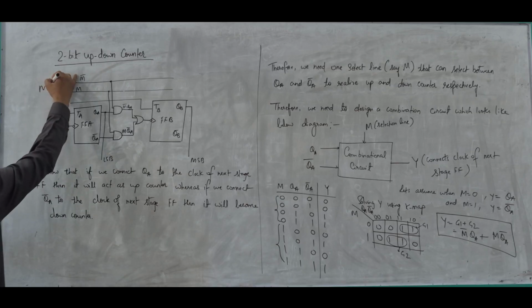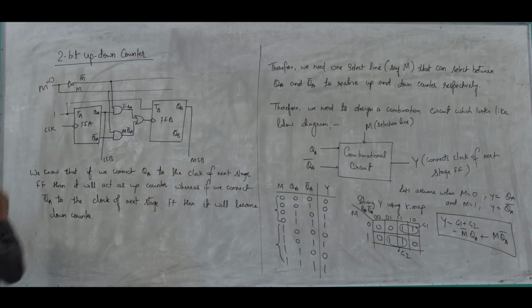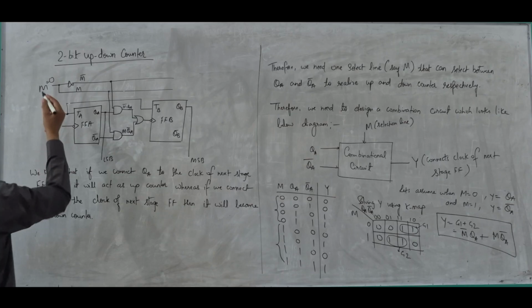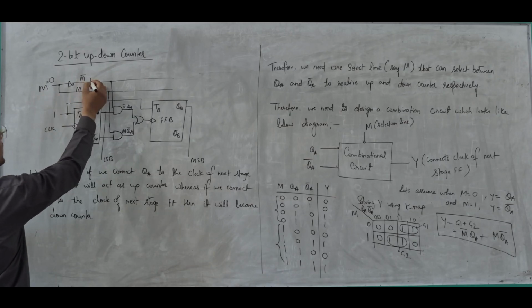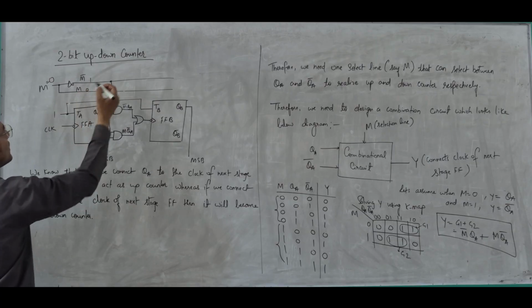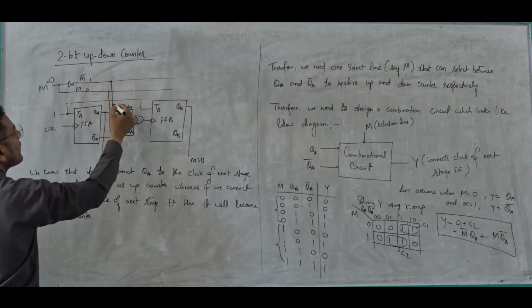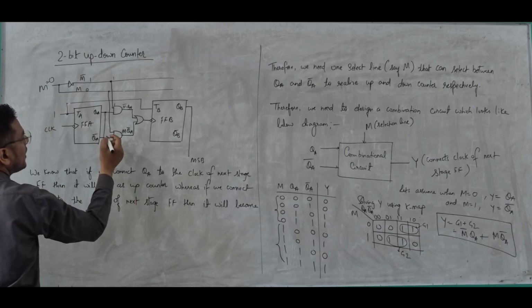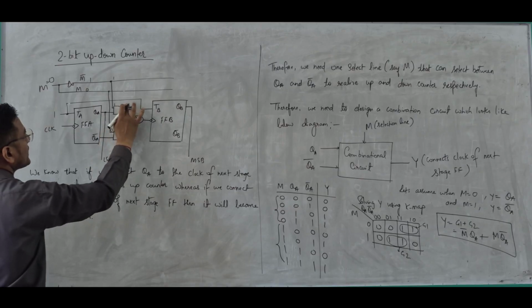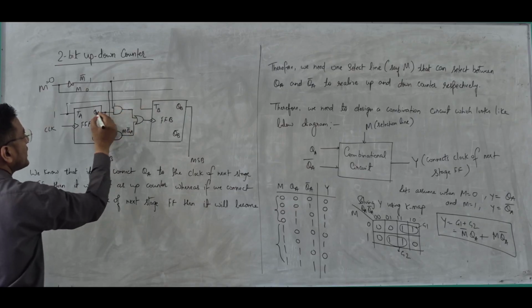Let's say M is 0 initially. Let's say the M value is 0. So if the M value is 0, here the answer is 1, here 0, here the answer is 1, here 1. Right? So here what you get is 1 and this is QA.